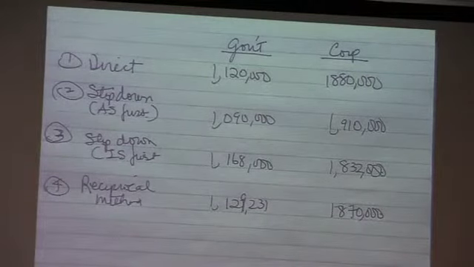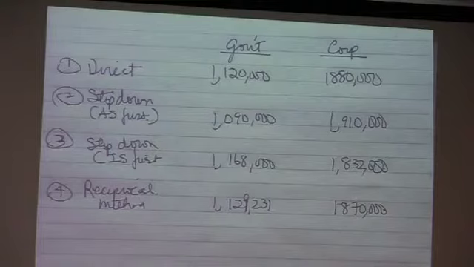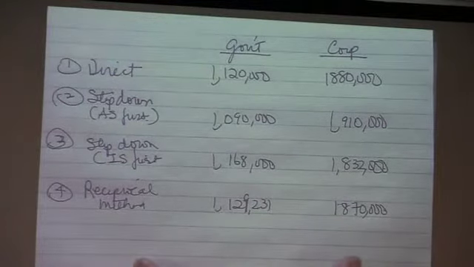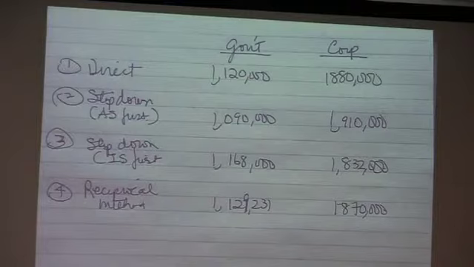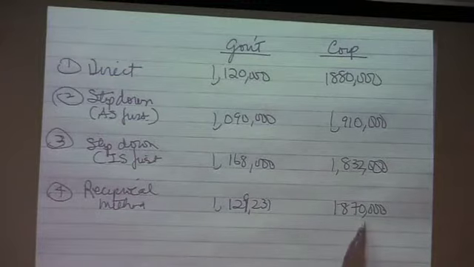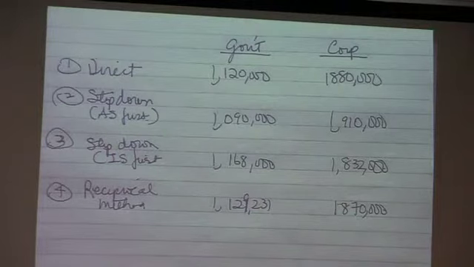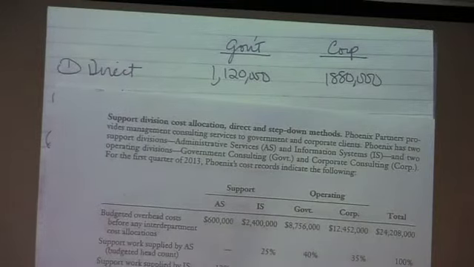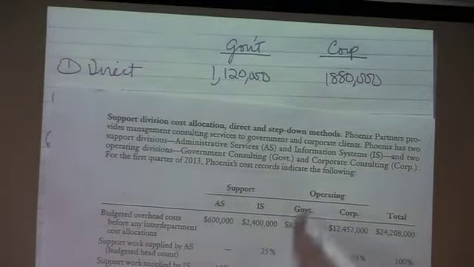And you can see they're not that much different, are they? If you look at all of the allocations, the four different methods I'm showing you here are essentially four different ways to allocate support costs across support departments. Now we know that the reciprocal method takes into account the services provided to each of the support groups when we did the allocation.